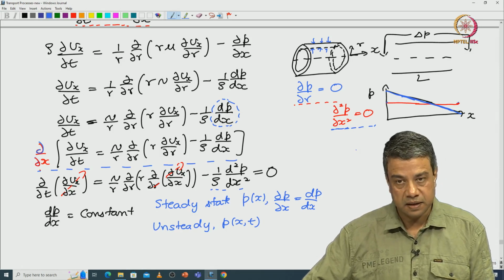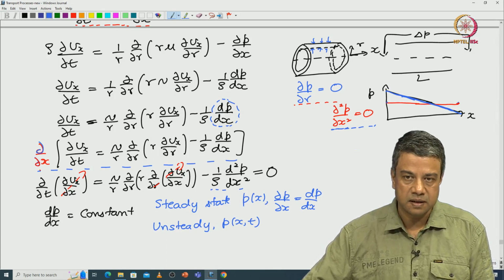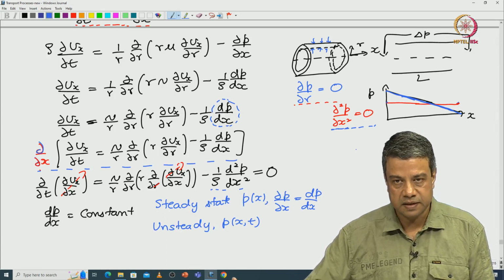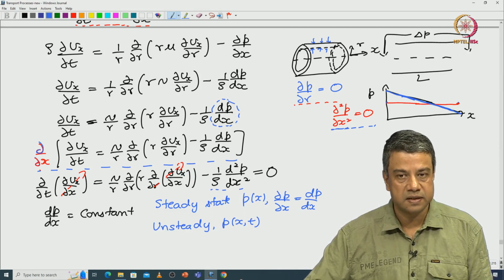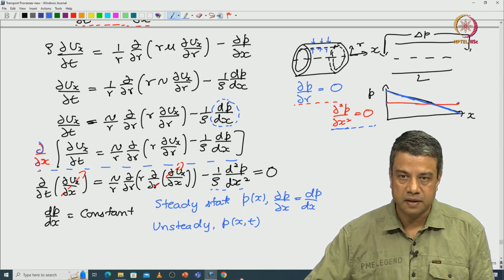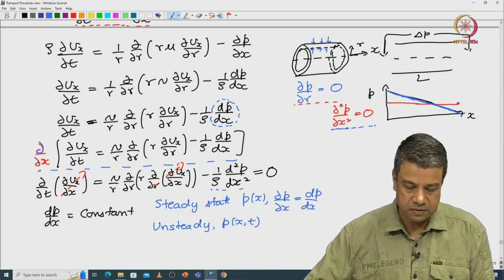The pressure could be unsteady because the inlet pressure varies, the outlet pressure varies, but at each instant of time the flow is fully developed, that is, the pressure is a linear function of x, velocity is independent of the axial coordinate. So, those were the features of this pressure driven flow.